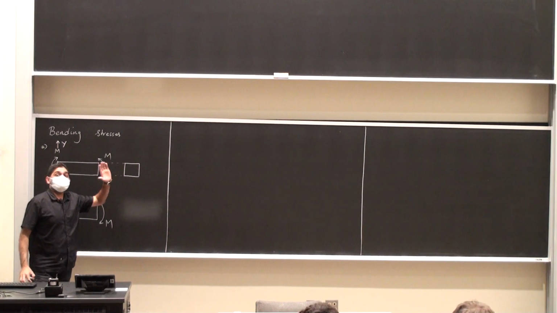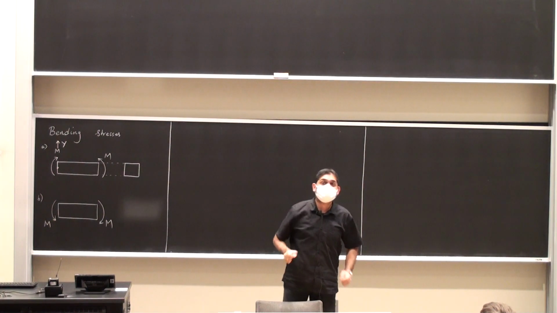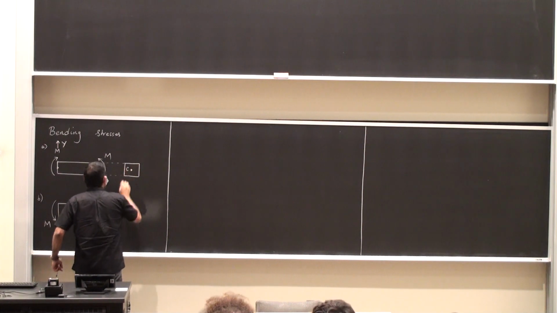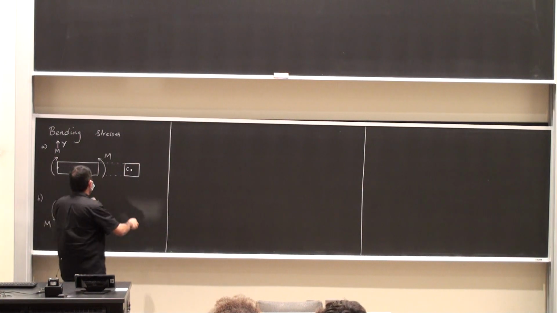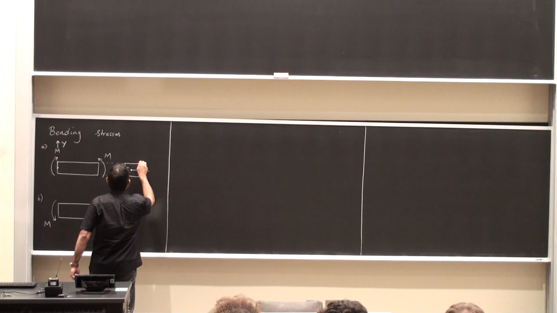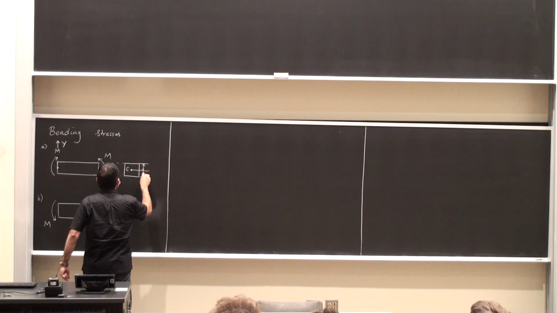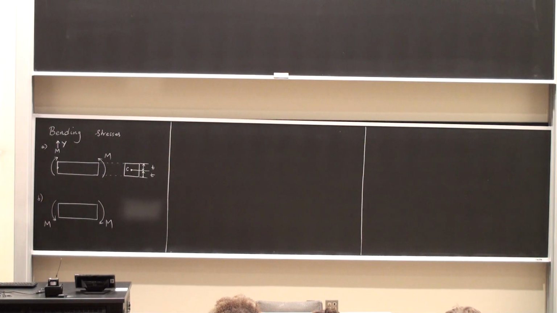For every cross section from now on, we will be locating the centroid. Centroid is something at the center of the cross section, the geometric center. I'm going to call it capital C. For this particular cross section, I'm going to assume that the thickness is 2 times T, just for simplicity. Thickness is little t plus T, and the width is W.